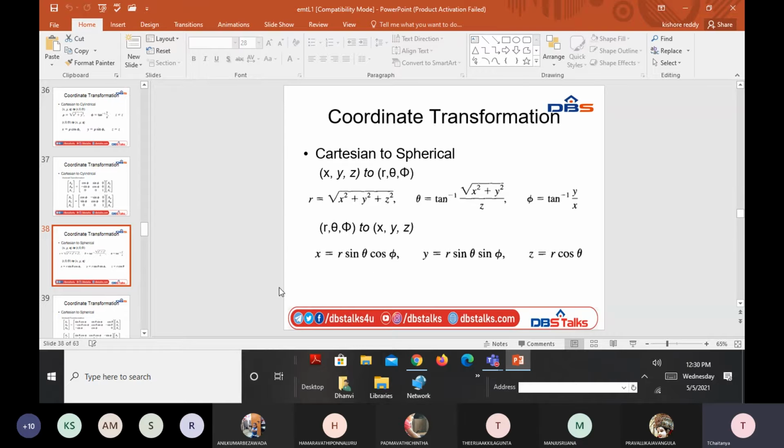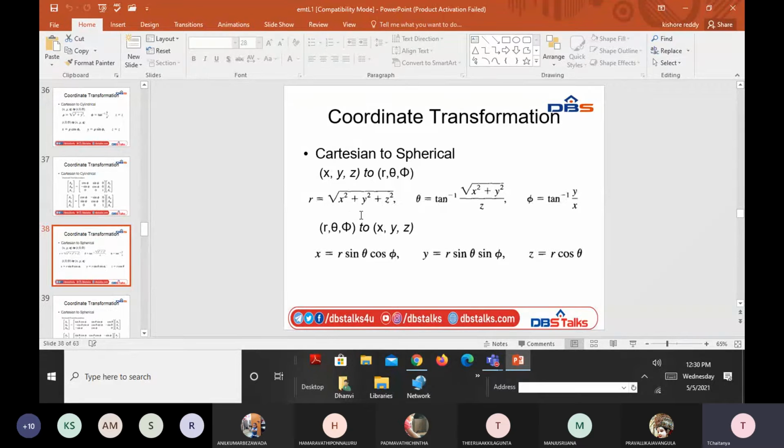We can have the relation x equal to r sin theta cos phi, y equal to r sin theta sin phi, z equal to r cos theta. So these are all the conversions from spherical to Cartesian, above being the conversion from Cartesian to spherical.